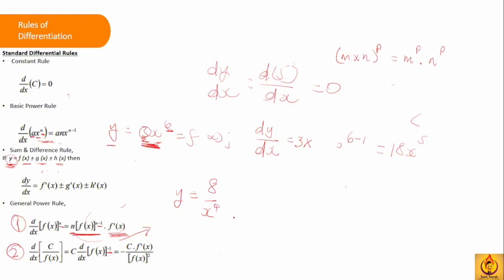We used 5 before, so let's just say 8. That is our function, or that is our equation. And now we want the derivative of y. We want the derivative of y.